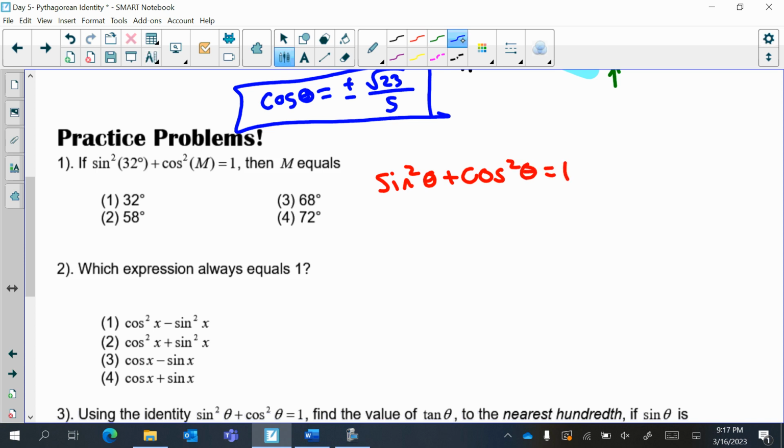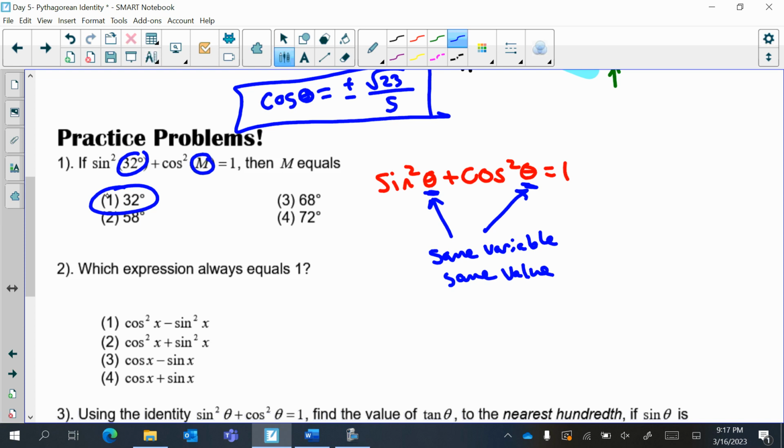Now, the thing with this is that they are both theta. So this is theta, and they are the same variable. If something is the same variable, then they are the same value. So this has to be this.